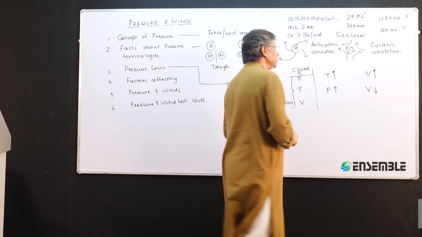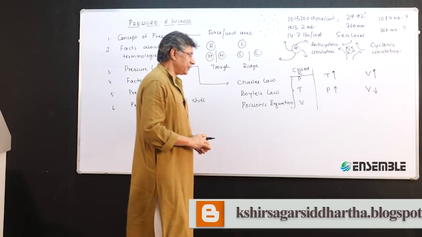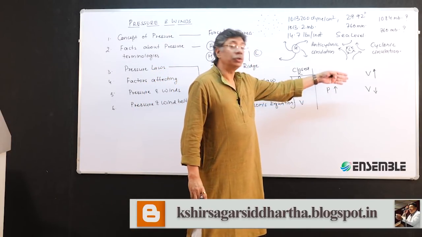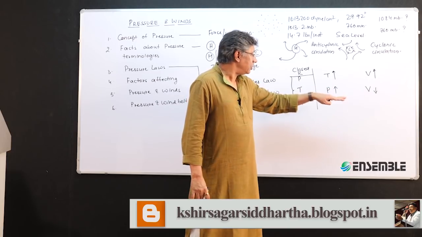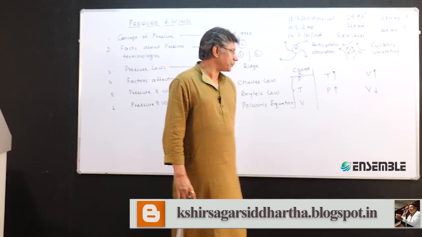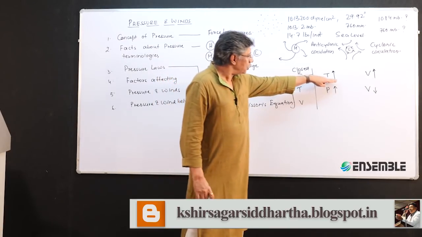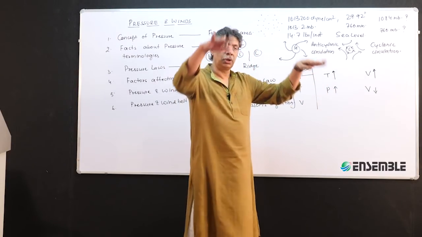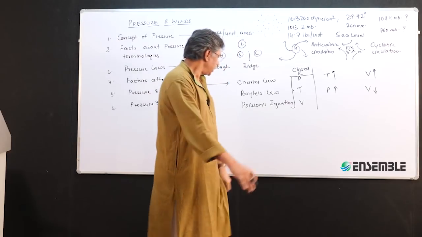So the relationship in this case will be inverse. Any increase in pressure will bring about a decrease in volume, and vice versa. Of course, this is also going to be vice versa. That is, any drop in pressure will bring about a rise in volume.